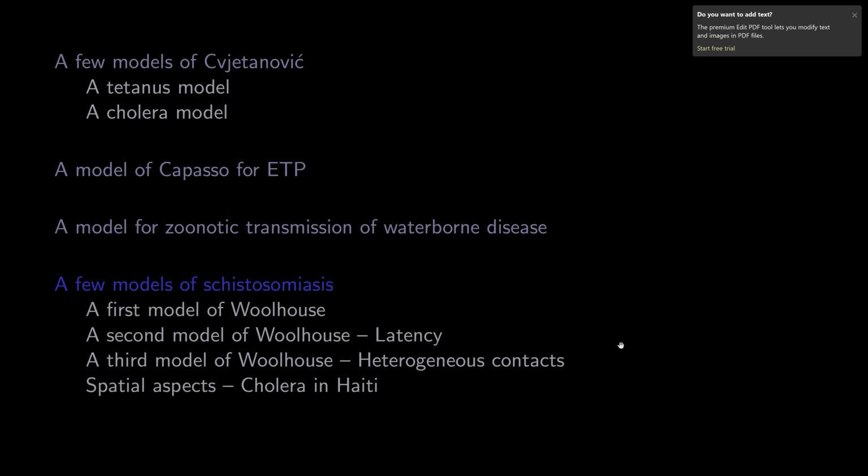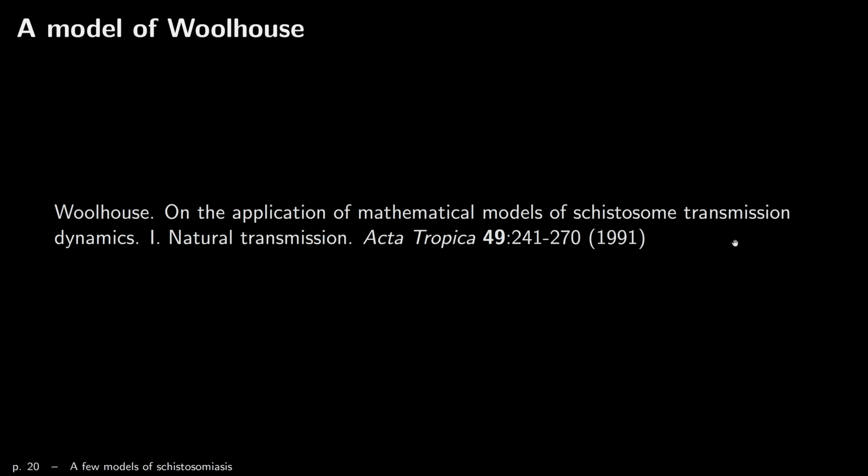To finish, let me take a look at a few models of schistosomiasis. The first model, by Woolhouse, you can find in this paper. Actually, 2 of the models are in this paper.